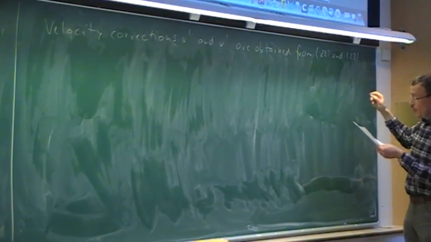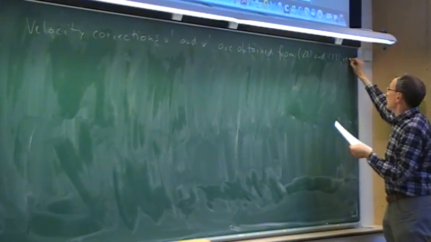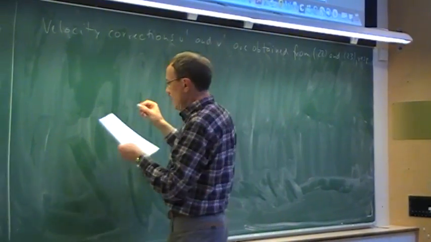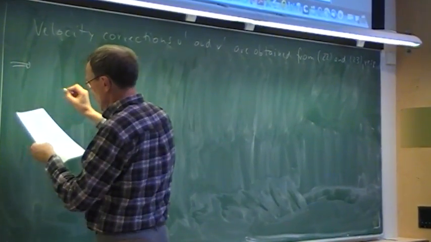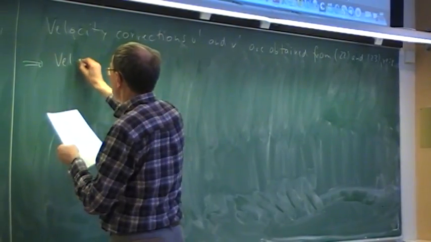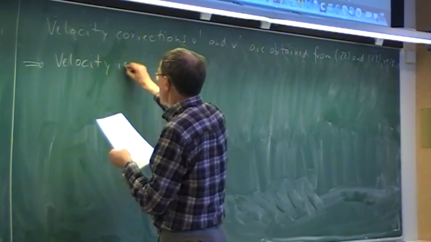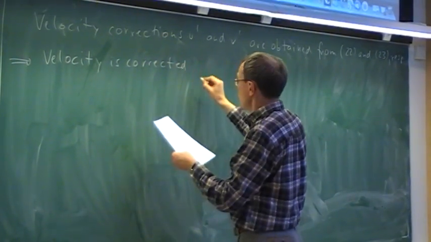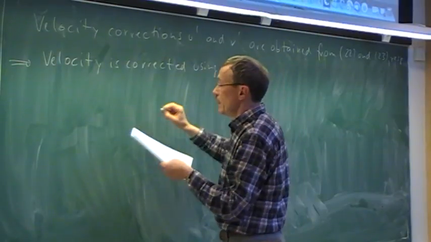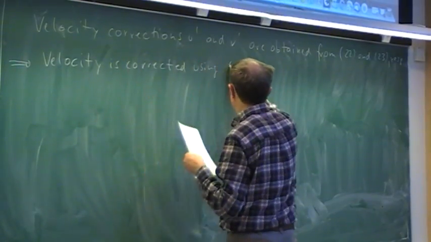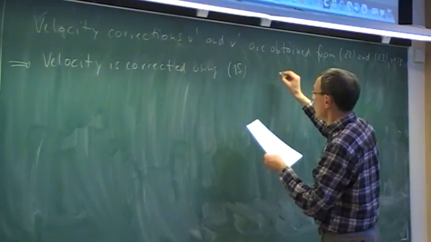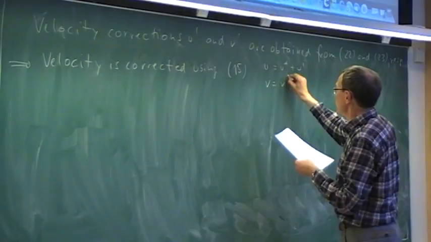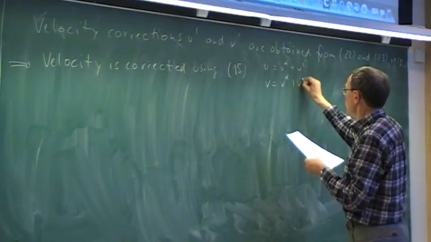Those were essentially the SIMPLE approximations, respectively. And then we have U prime and V prime, and then the velocity is corrected using 15. That is then, just to remind you, because U is U star plus U prime, and V is V star plus V prime.